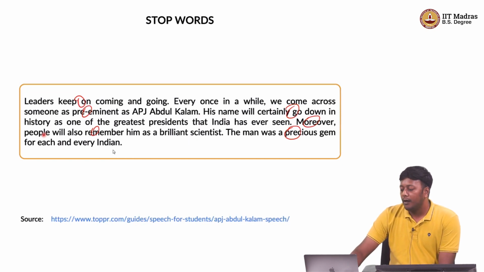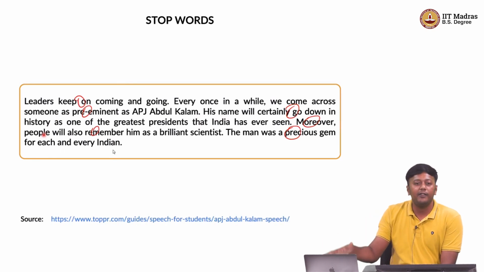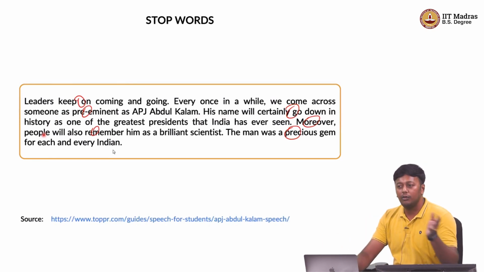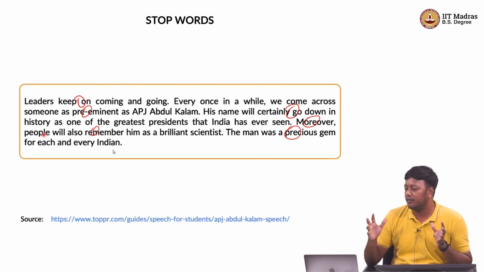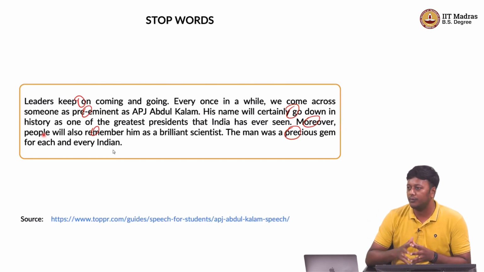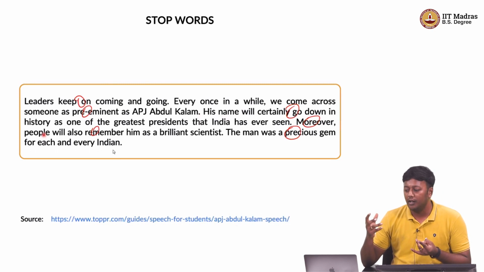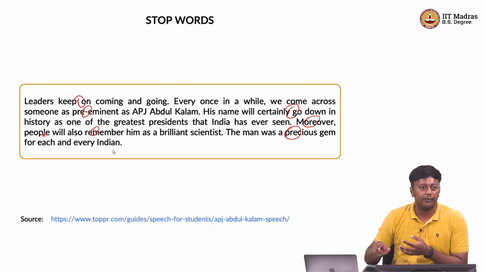So generally, how can you find stop words? As a layman, forget mathematics. Generally, what in a text is useless for you? Connectors. Okay, let me go one step beyond. Why do you think conjunctions are useless?